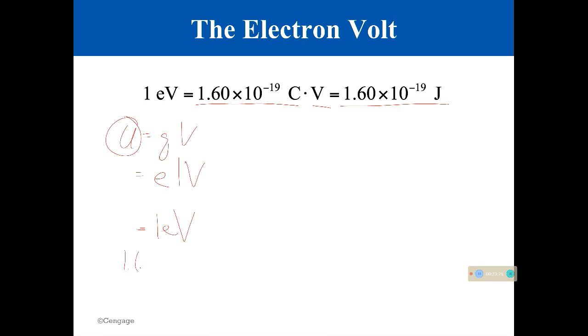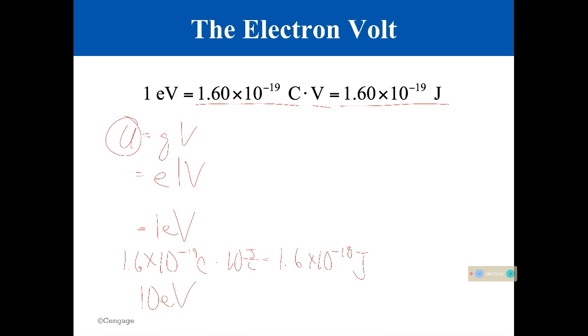Instead of saying, well, I could do the calculation, 1.6 times 10 to the negative 19th coulombs times 10 joules per coulomb, and ending up with 1.6 times 10 to the negative 18th joules, which doesn't make a whole lot of difference to me because I don't know what these tiny numbers equate to. I could instead say 1 electron moving through 10 volts is 10 electron volts.